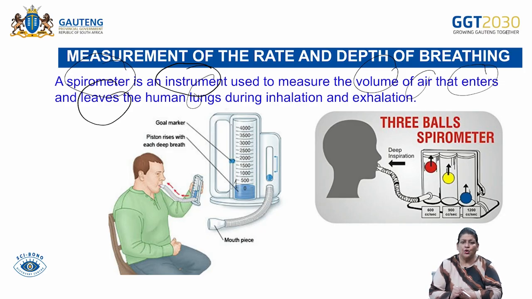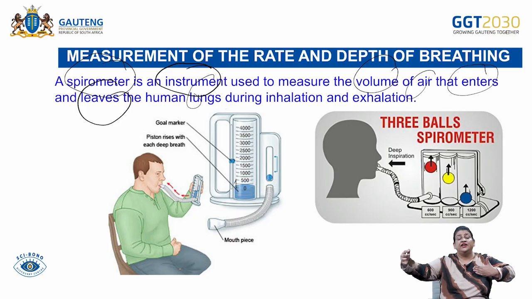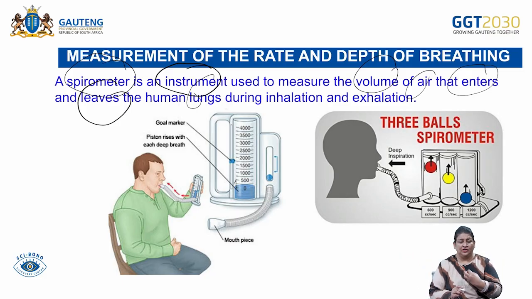So this is called a spirometer. The person must take a breath and blow in. If he can blow, it means that his lungs can inflate well. And if he can't, that means his lungs are not inflating and deflating well.